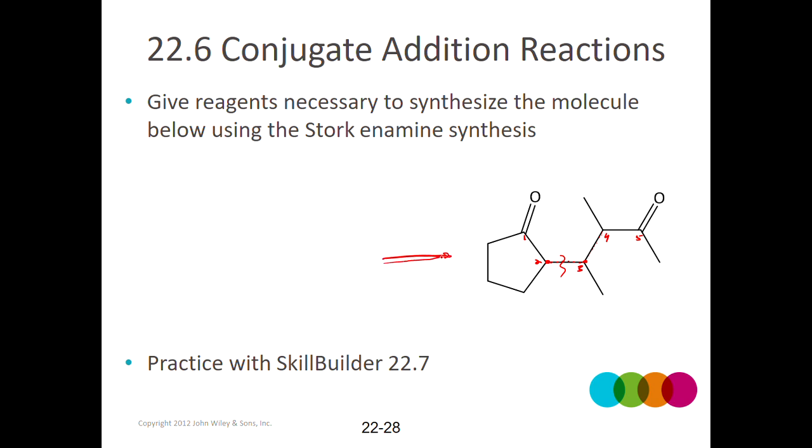What I would do here, working backwards, is to disconnect here. I start with this 5-membered ring. I would first add any secondary amine. So maybe I would use diethylamine and a little H plus as a catalyst.